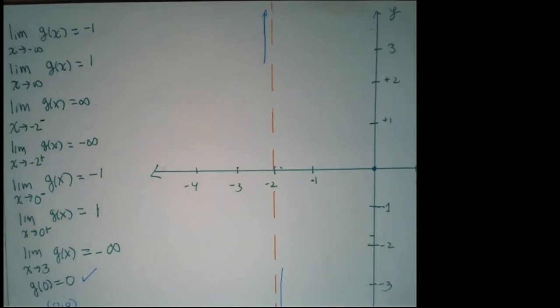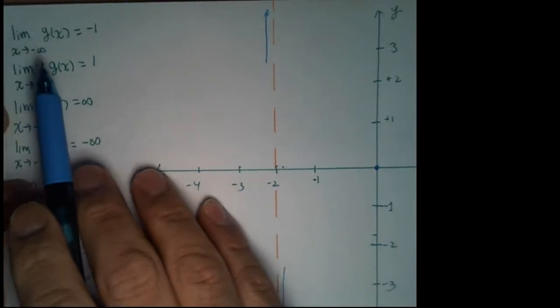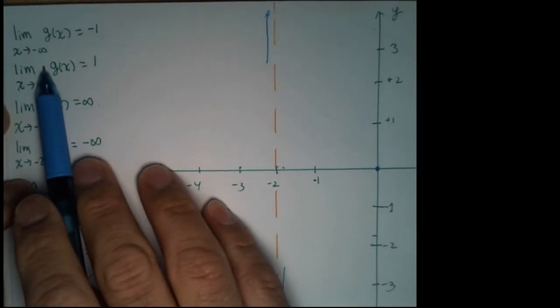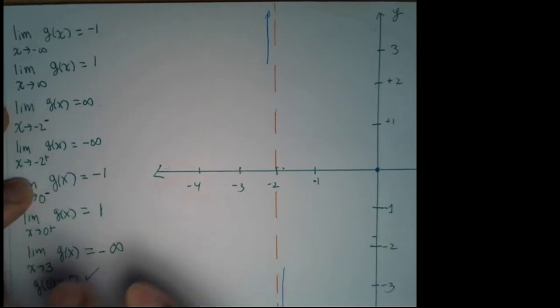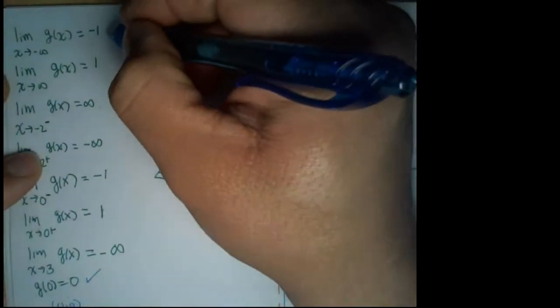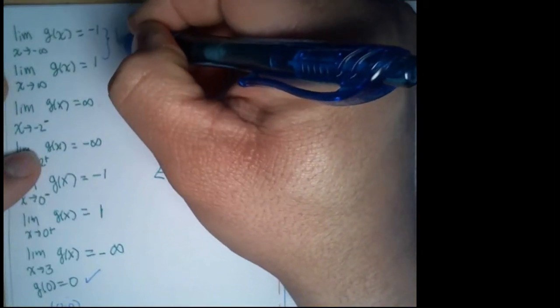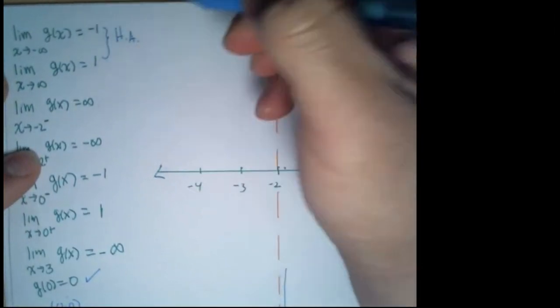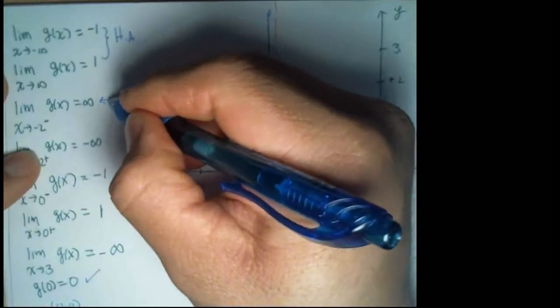Now, we're also given the limits at infinity. So at negative infinity and at infinity, I know the behavior of the function. What these are telling me is that these are horizontal asymptotes.